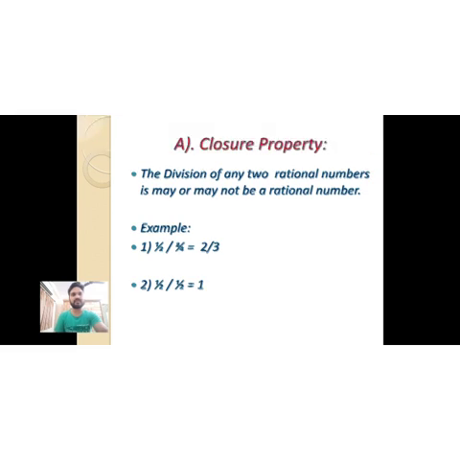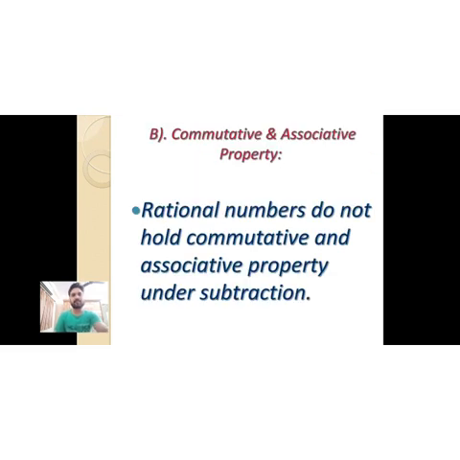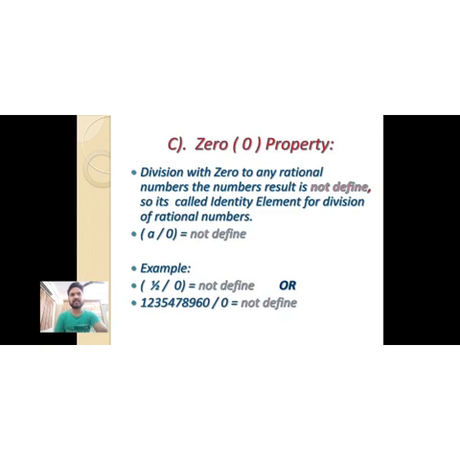Now the commutative and associative properties: as I told you, rational numbers do not hold the commutative and the associative property under subtraction and division. Now the zero property. Division with 0: any rational number divided by 0, the result is not defined.